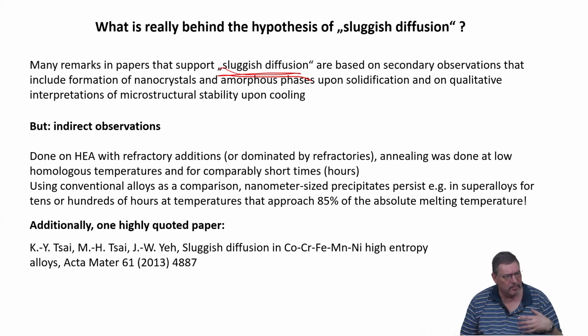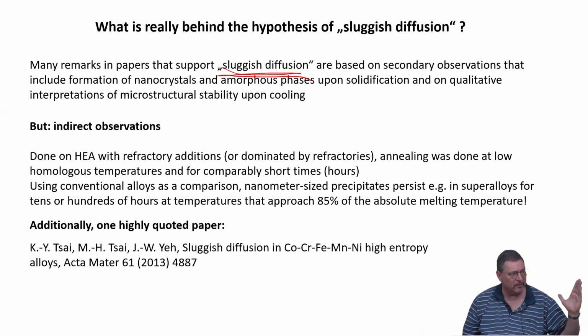People did not measure diffusion in itself, not even interdiffusion or chemical diffusion, but they looked at the stability of precipitates, the stability of microstructure, the stability of a small grain size, and related their observations, which are true, to diffusion. All the important points Professor Shankaran has just told you are true.